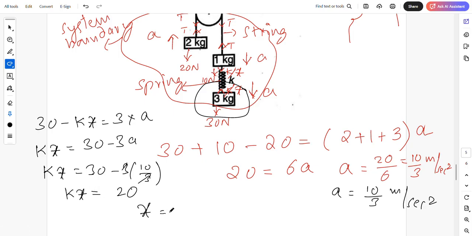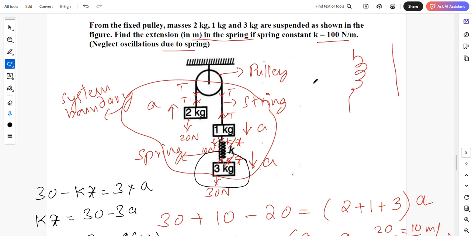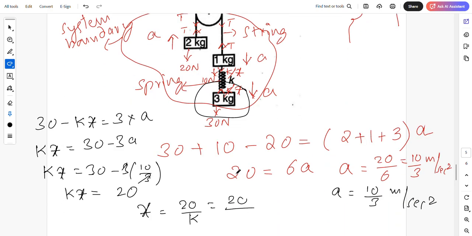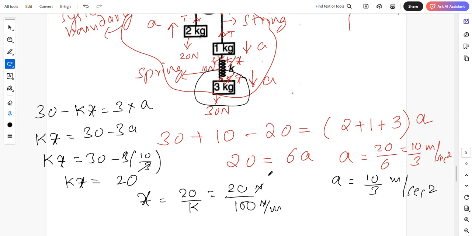What you are supposed to calculate? x is equal to 20 by k, and the spring constant is 100 Newton per meter. Newton gets cancelled. x will be equal to 0.2 meter.